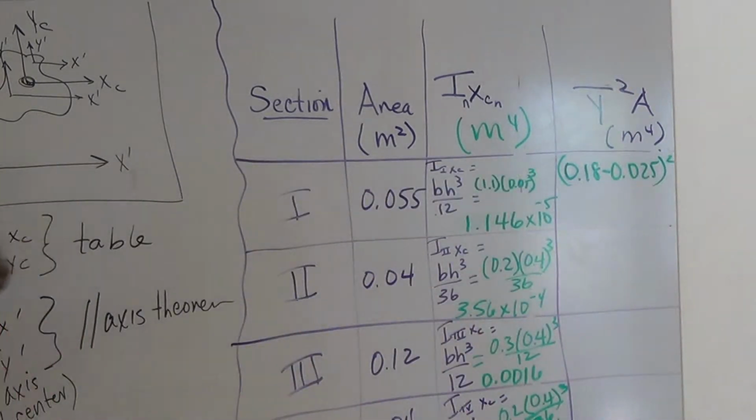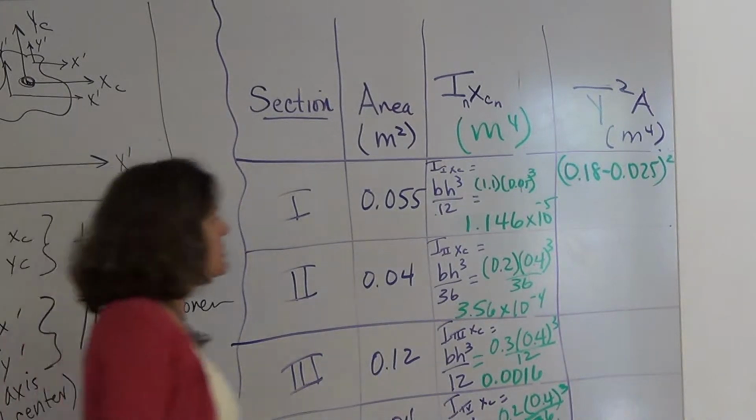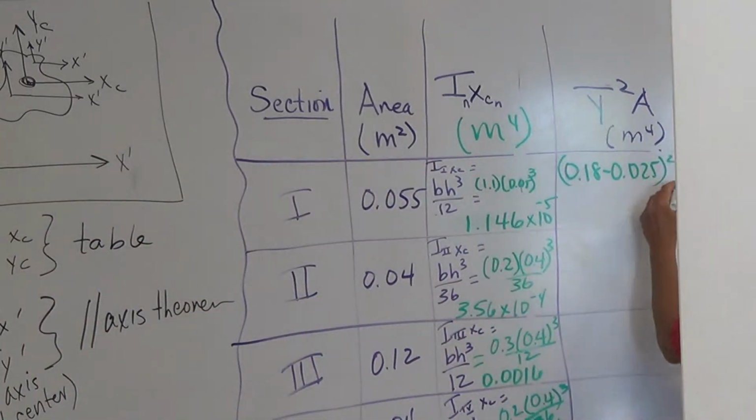This is my y bar. The centroid of this is up 0.025, and this is up 0.18, so I said 0.18 minus 0.025 squared times the area, 0.055.